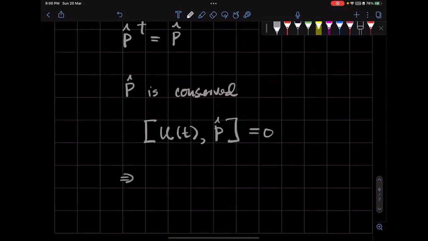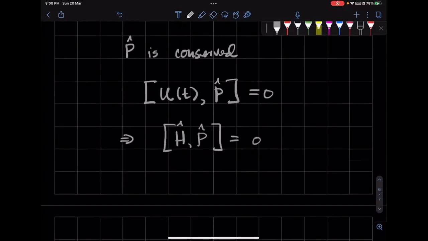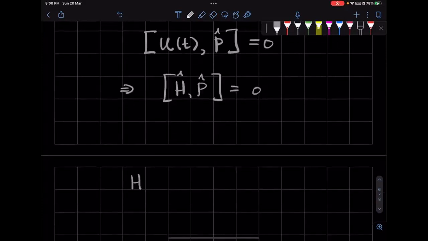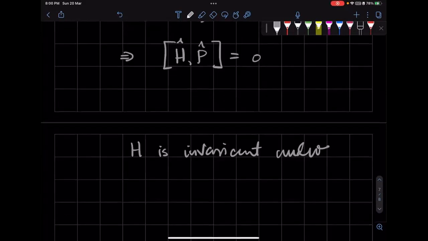If your Hamiltonian is time-independent, this implies that H, the Hamiltonian, commutes with P. You can show that this means H is invariant under translation in space.